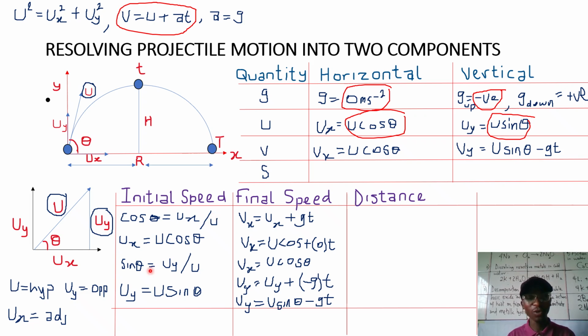Also, we've gotten an expression for our final speed using the first equation of motion. We've gotten an expression for our Vx, which is U cos theta, as well as our Vy, which is U sin theta minus gt.